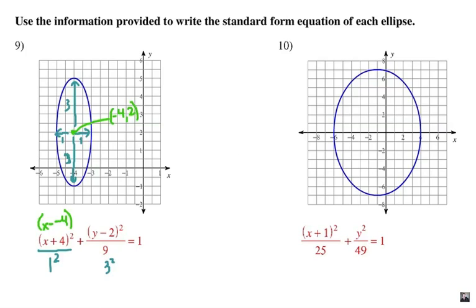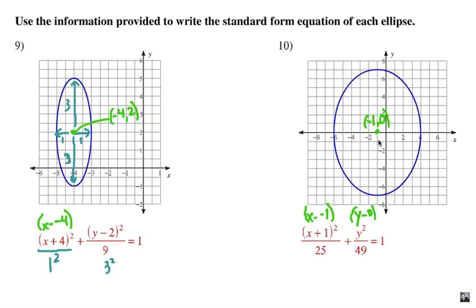Number 10, the center is (-1, 0). The -1 gets put inside this x group, and we change it to x plus 1 because of the sign change. And if y is 0, then that's really just y squared, so we can drop that 0 inside the parentheses. Just a little adjustment with algebra there.